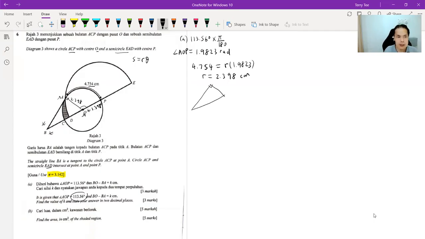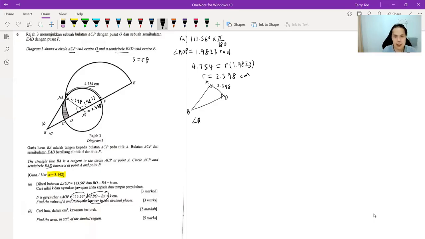This is your A, this is your B, this is point O. I need to find K, the difference between BO and BA, so I need to find the length of both BO and BA. We're going to find the angle next to it, which is BOA.